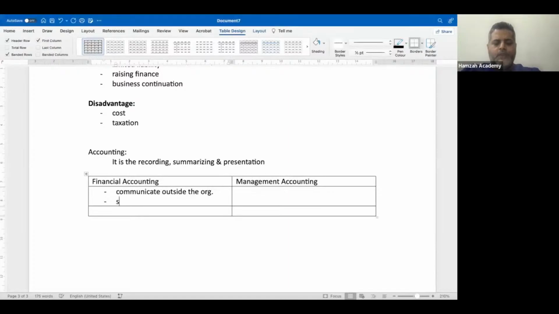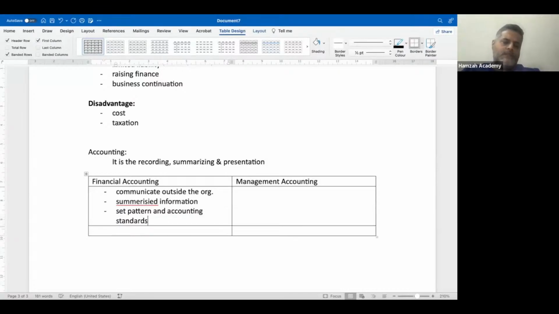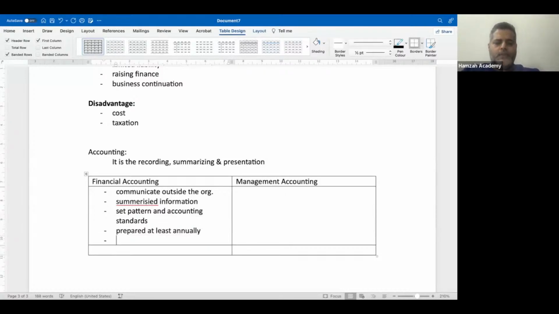That is something where we have summarized information, a set pattern and accounting standards. If we talk from the accounting point of view, that is something which is prepared at least annually, right?